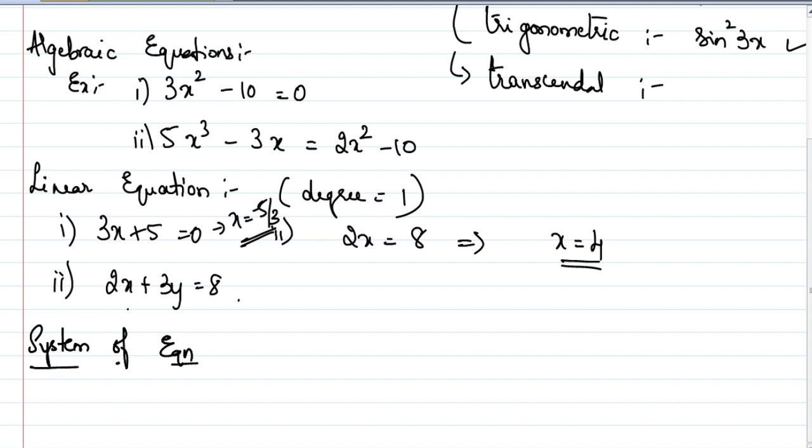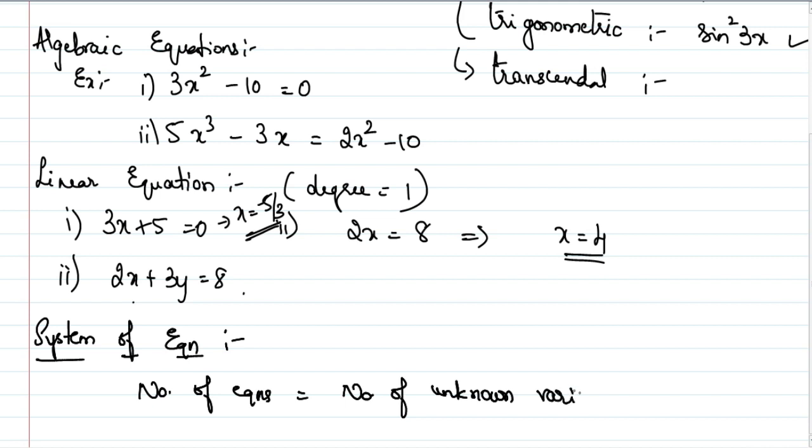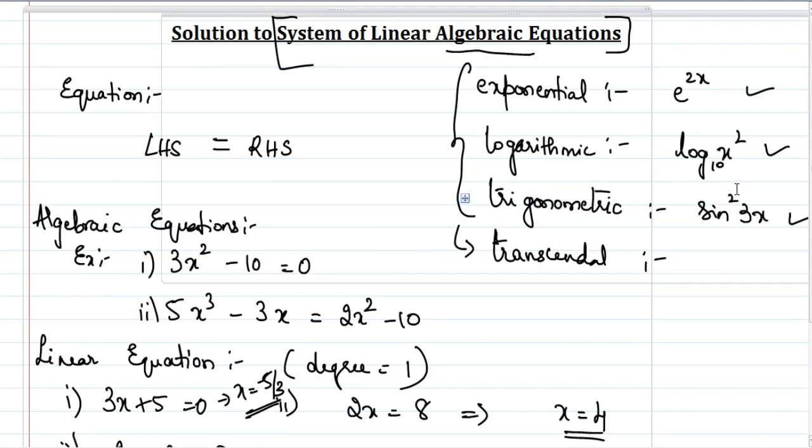The number of equations is equal to the number of unknown variables. If you have two unknown variables, then they would have given two equations in the question. If there are three unknown variables, then there will be three equations given. If you have fewer than that, then you cannot find a solution for that set of linear equations. This is the meaning of a system of linear algebraic equations.